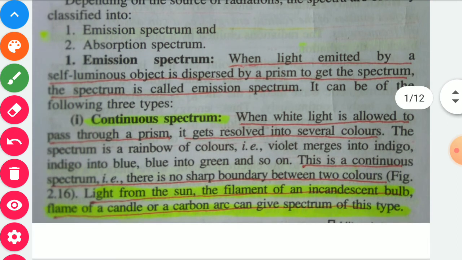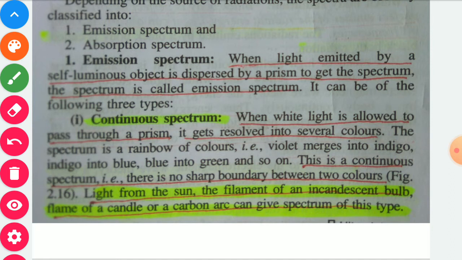Emission spectra are of three types. First one, continuous spectrum. In the continuous spectrum, white light is allowed to pass through a prism. It gets resolved into several colors.